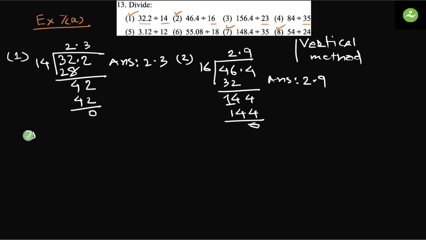Number 7. 148.4, we divide it by 35. 35 into 4 times. Then 4 into 5 is 20, 0 here, 2 in hand. 4 into 3 is 12, 12 and 2, 14.